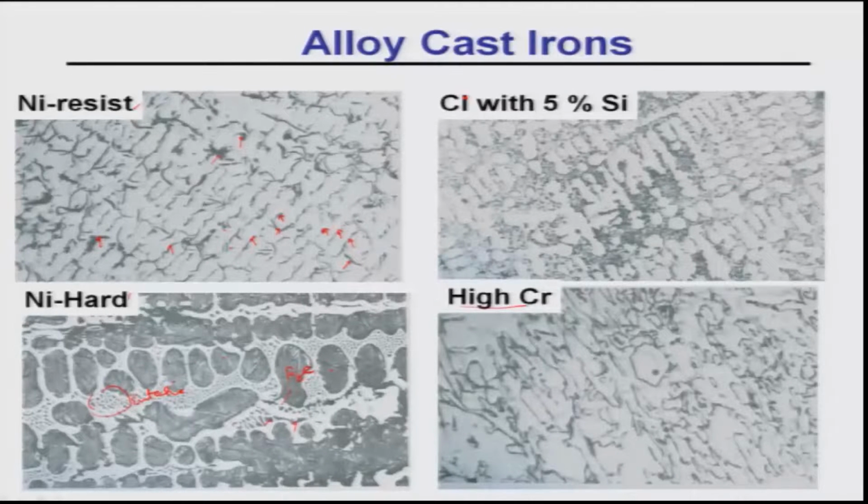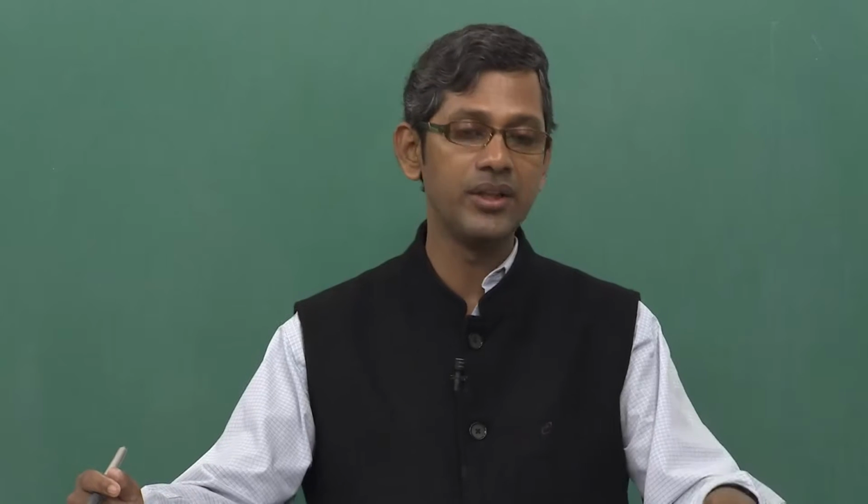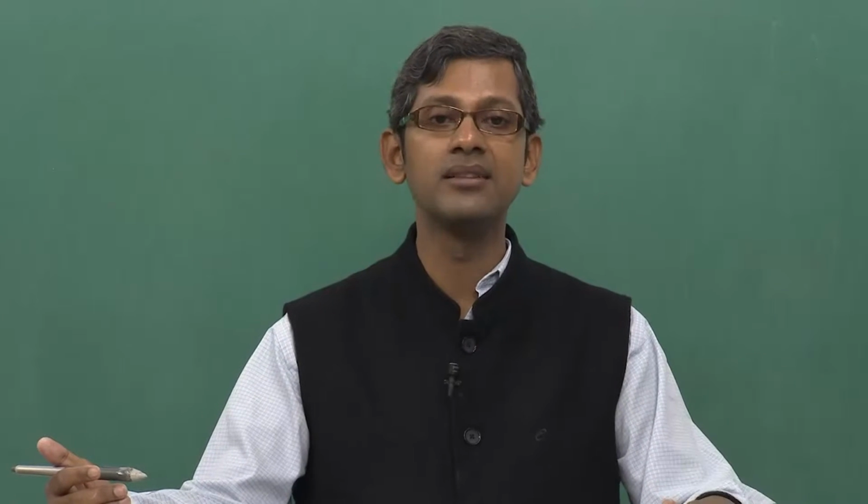But silicon addition helps in one more way: the component forms an iron silicate, FeSiO3 or FeSiO4 type of structure, and this iron silicate protects the sample from high temperature oxidation. That is probably the most important reason to add silicon into alloy cast irons, and basically it improves the oxidation resistance at high temperature.